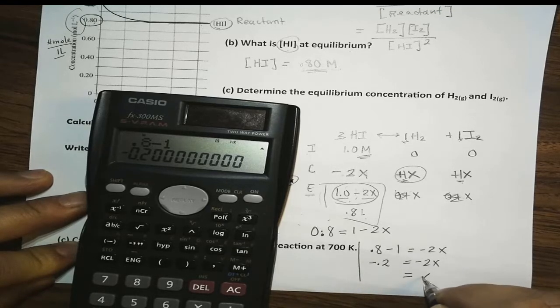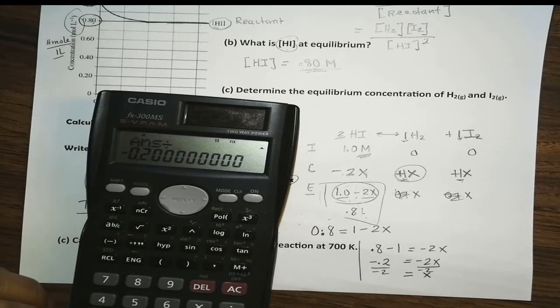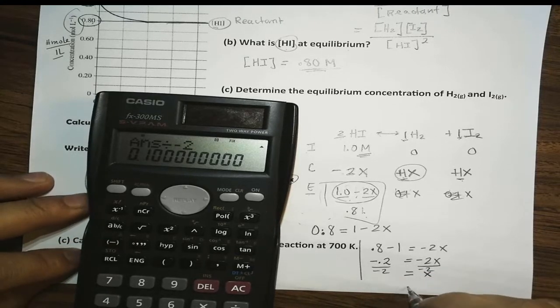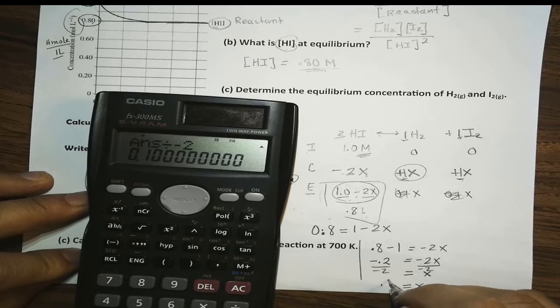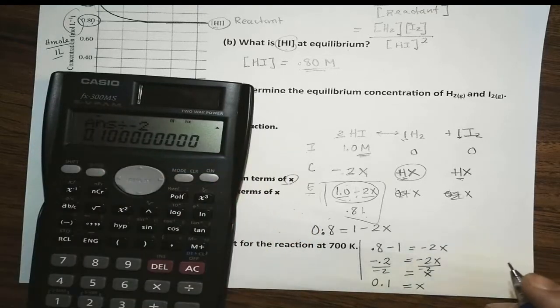And what is x equal to? Of course, you divide both sides by negative 2, the negatives cancel, giving us x equal to 0.1. So that's x.